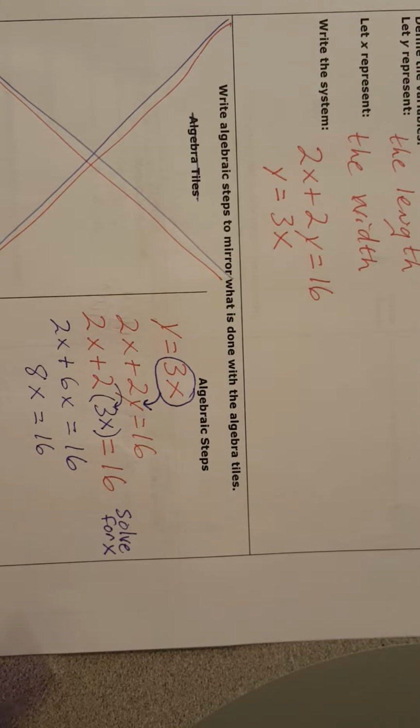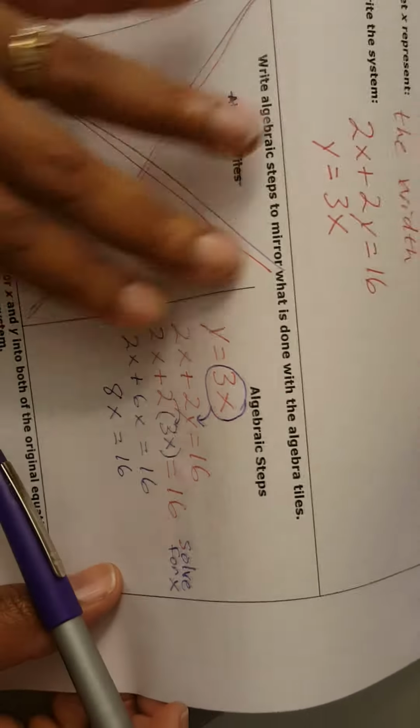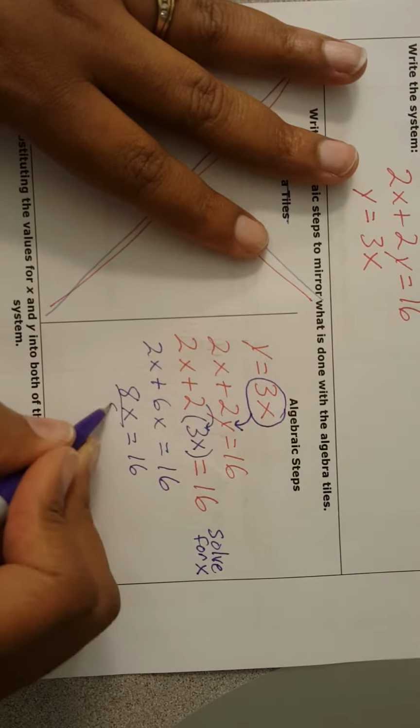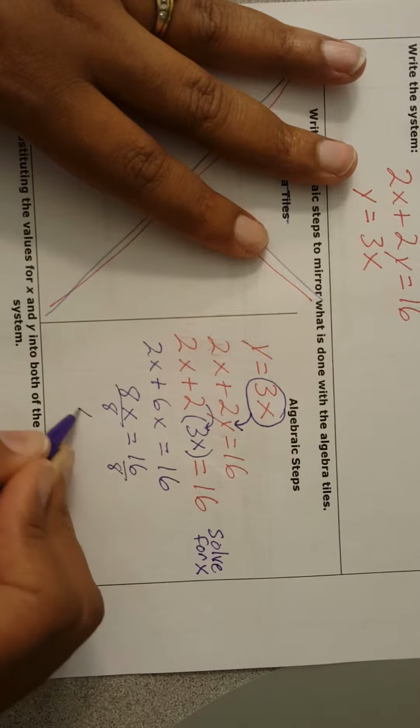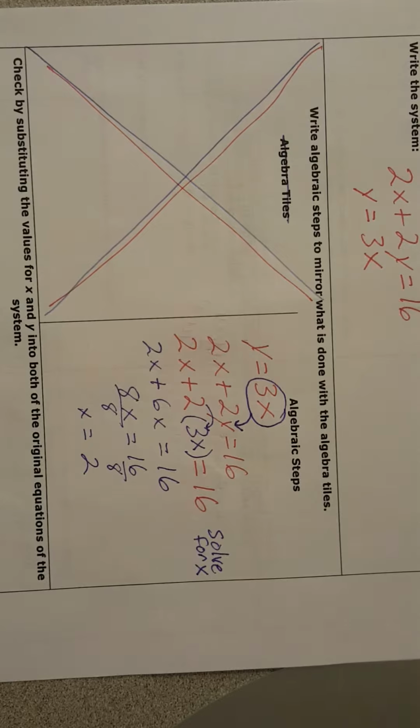We know what to do next. Our next step is to divide. Divide both sides by 8. X equals 2. But remember, we're only 50% done.